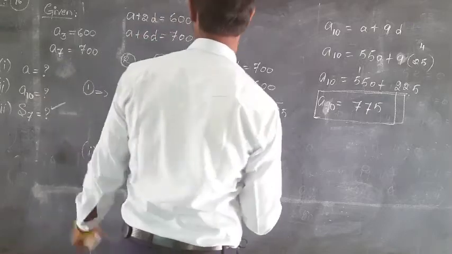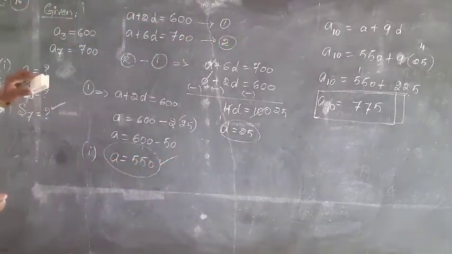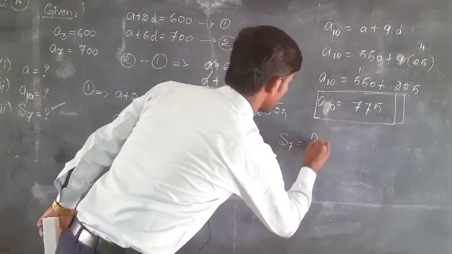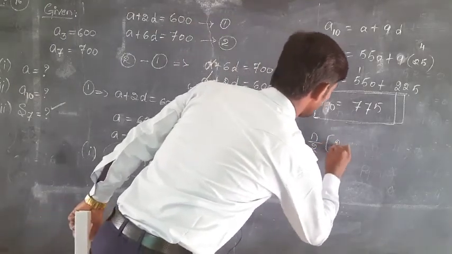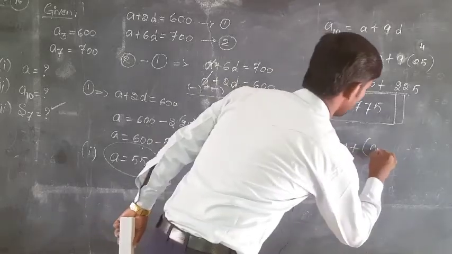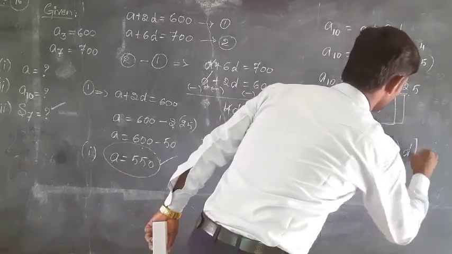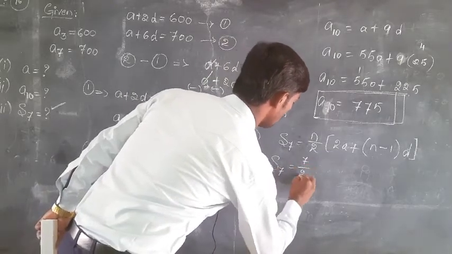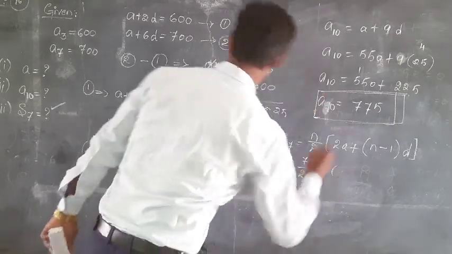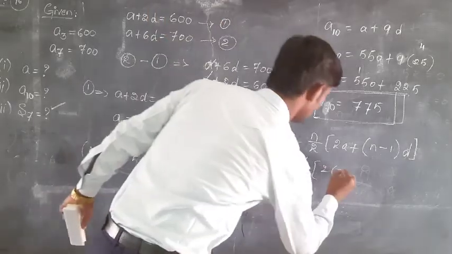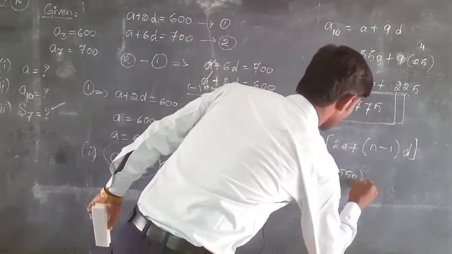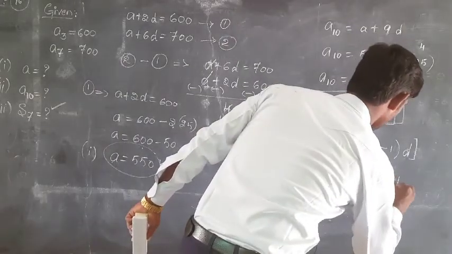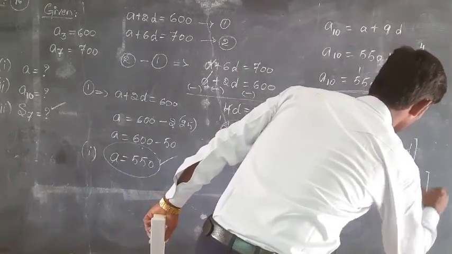So that is S7 is equal to n by 2 of 2A plus n minus 1 of D. That is S7 is equal to 7 over 2 of 2 times the A value 550 plus n minus 1, where the n value is 7 minus 1, of the D value 25.